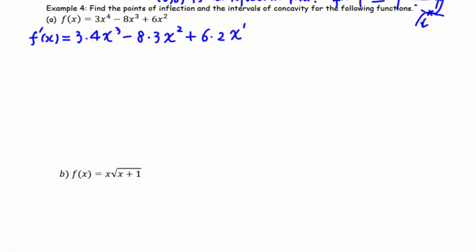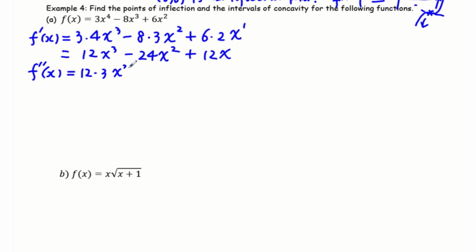Then we find the second derivative of this one. So we could simplify this first. 12x cubed minus 24x squared plus 12x, then double prime equals 12 times 3x squared minus 24 times 2x to the exponent 1 plus 12 times x to the exponent 0 is 1. So 36x squared minus 48x plus 12.